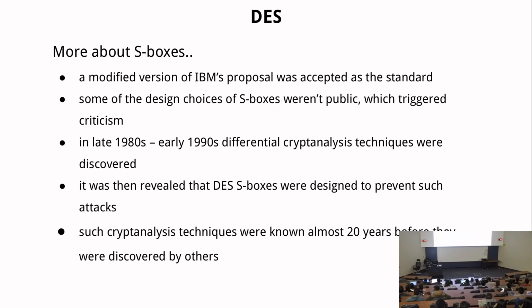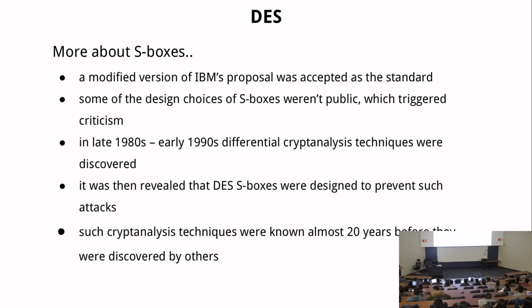You have a plain text, you change the plain text a little bit, so you have two different plain texts. Then you observe how the two different plain texts influence the encryption process. You monitor all the steps, trying to find the correlations between different bits.